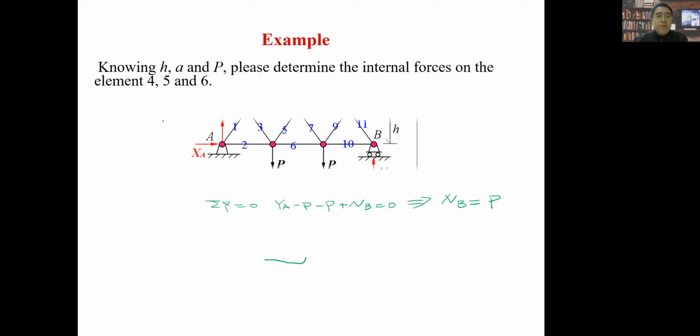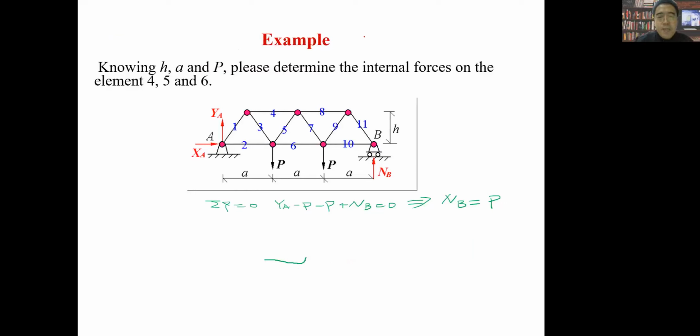So this time we'll talk about how to use the second method, the method of sections. So please look at this whole picture. It tells us, knowing H, knowing A, and P, please determine the internal forces on elements 4, 5, and 6, right?